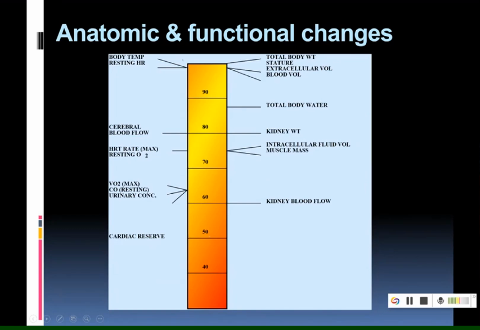Other things such as physiologic changes in body temperature really don't occur so much, so if you see somebody with a lower basal body temperature, let's say 96 Fahrenheit, you might want to consider that in the context of hypothyroidism or other reasons for a lower resting body temperature, as opposed to blaming it on age per se.